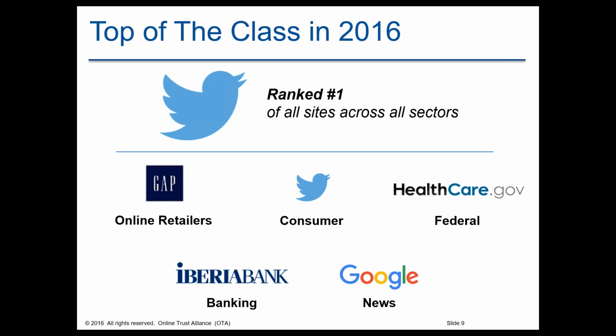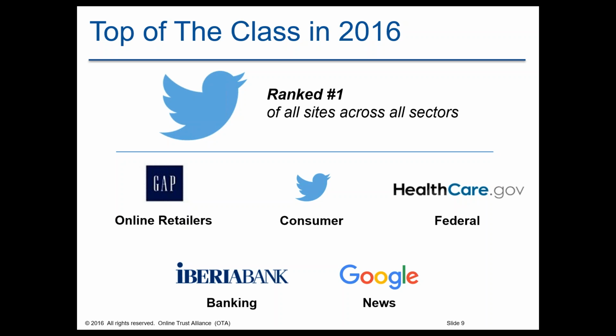And what's interesting in both of those categories, consumer and federal, one of the factors that drove their scores to the top was their embracing and honoring the do not track signal from a consumer's browser, basically saying we will not collect any data and share it with any third party if you've enabled do not track. Very positive side. Iberian Bank, a new leader in the banking sector, and then Google News.